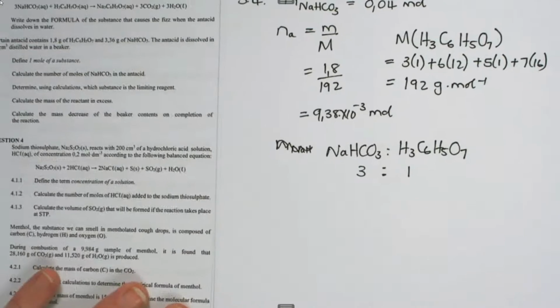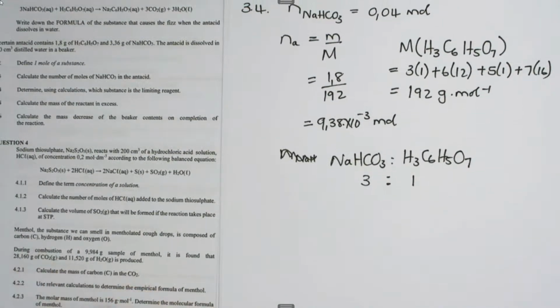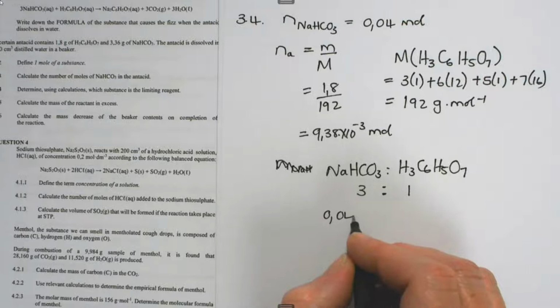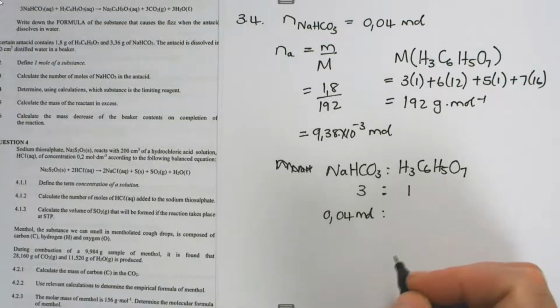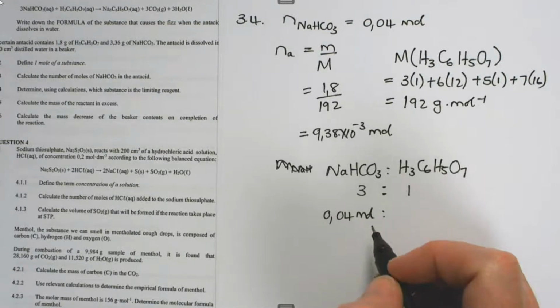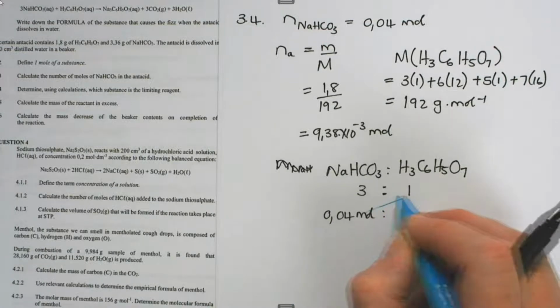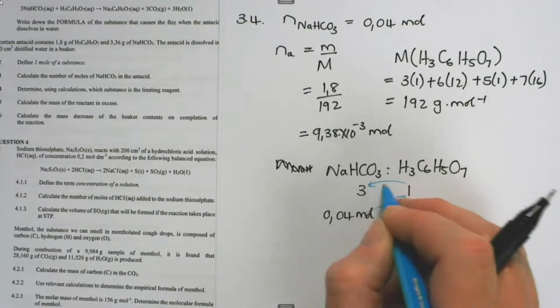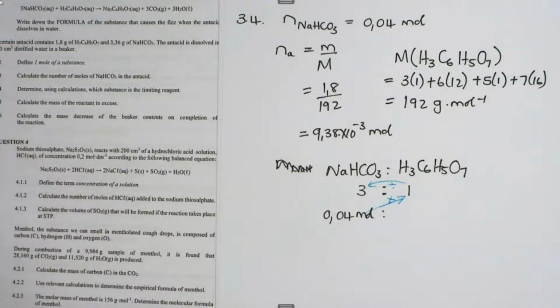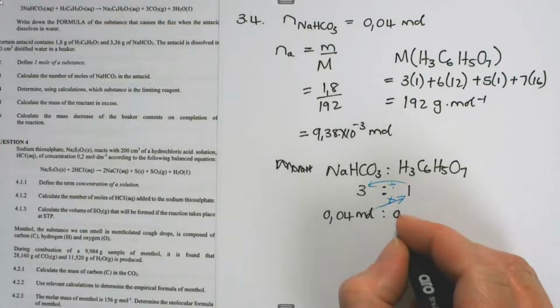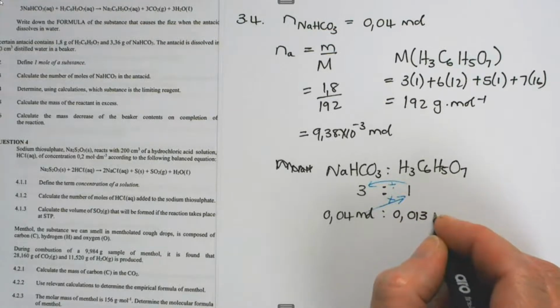Now NaHCO3 is standing first, so let's take that 0.04 mole value. I'm using the one that's standing first and I see what will happen. So now I take the 0.04, I times it by 1 and I divide it by 3. And I get my answer as 0.013 mol.